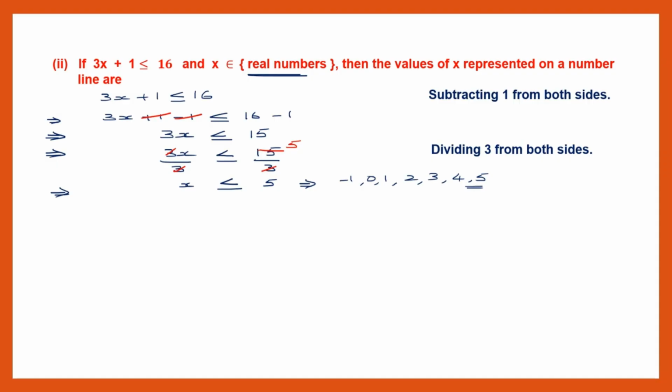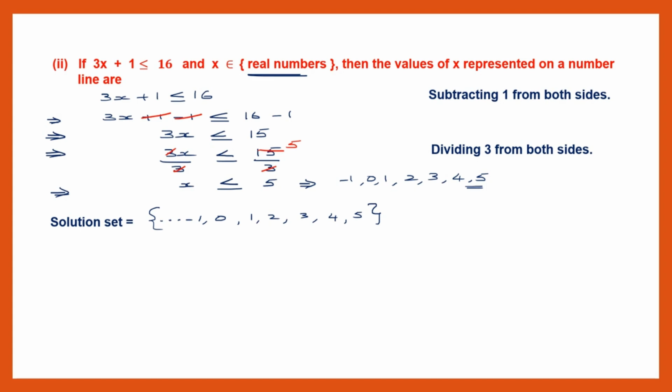It can include all the numbers in between also. So, what is our solution set? Our solution set will be minus 1, 0. Now, I can put dots here to mean that it's going to go on. Minus 1, 0. Then I can write 1, 2, 3, 4 and 5, because it says less than or equal to 5. So these are all the elements in the solution set.